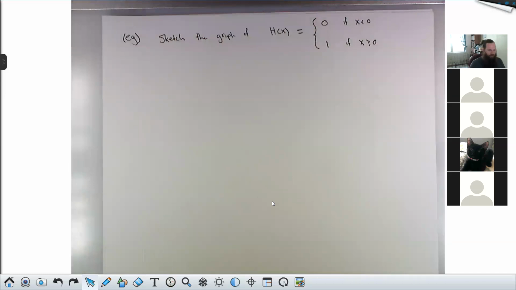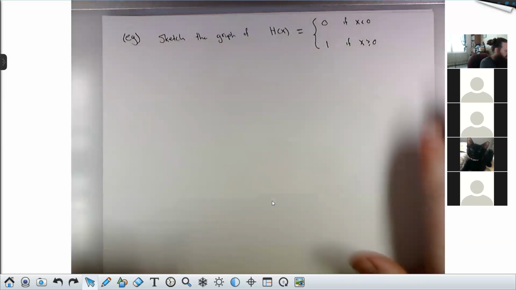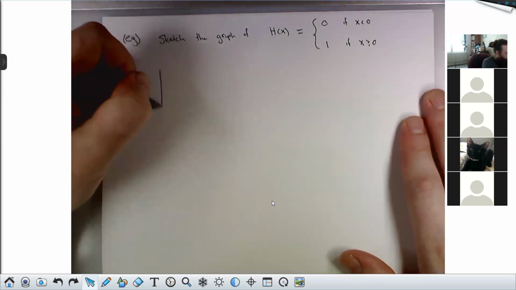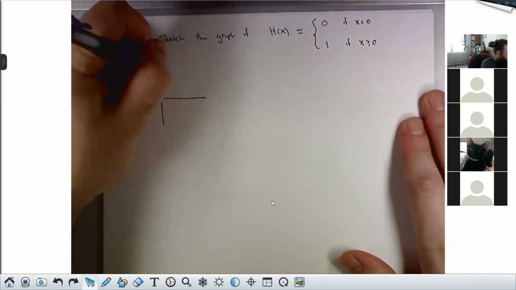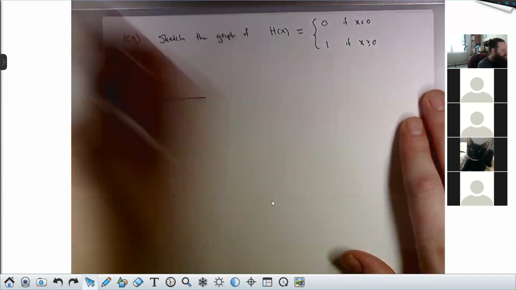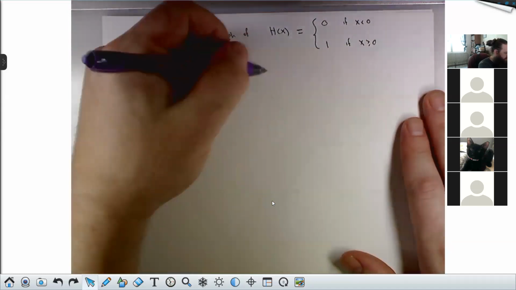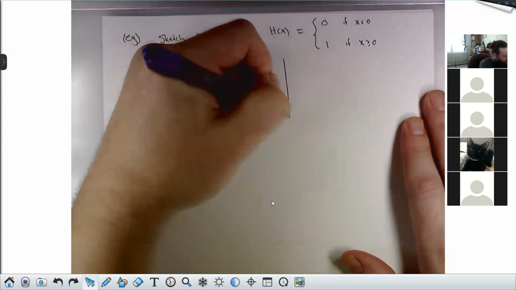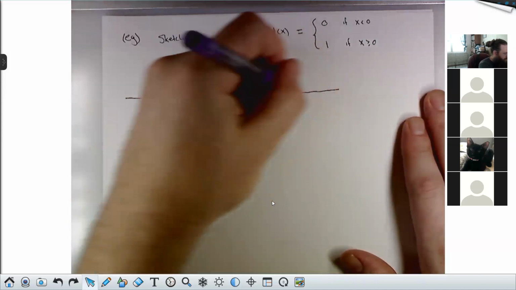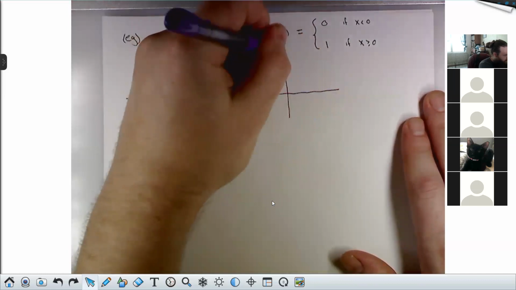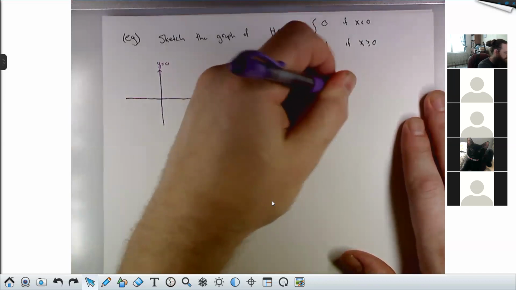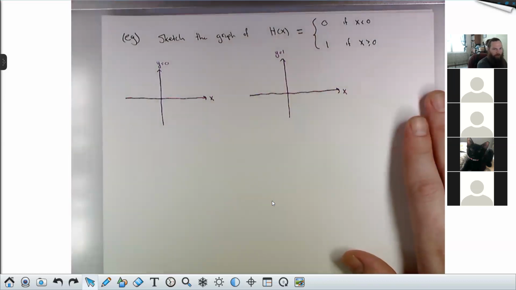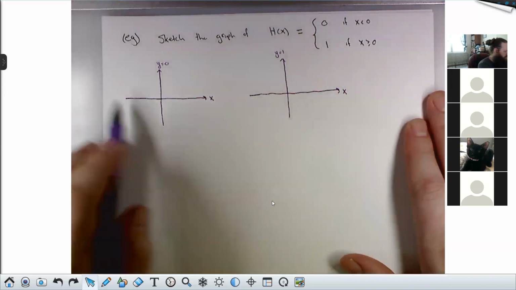So again, I'm going to start with a graph of the pieces. The pieces here are y equals 0 and y equals 1. The line y equals 0 is a horizontal line going through the origin, right?